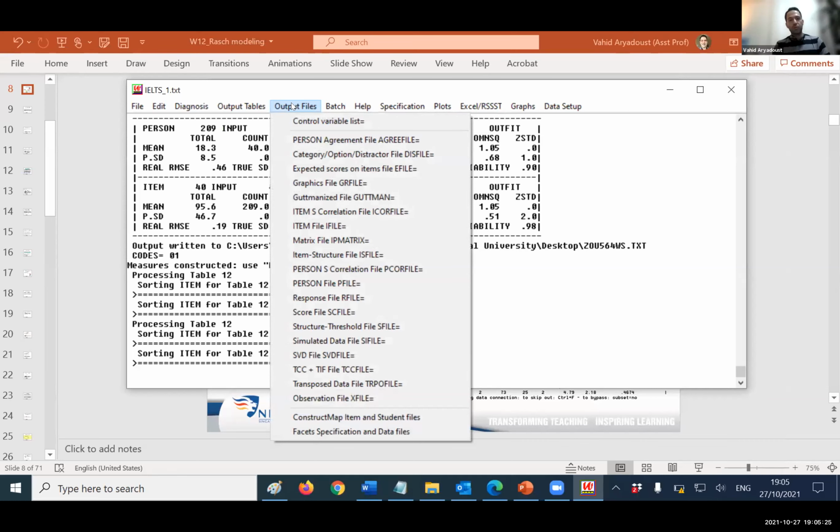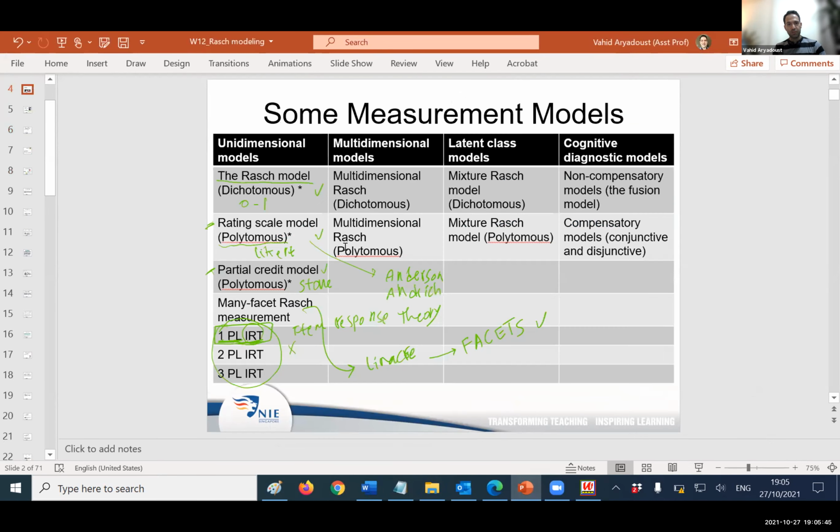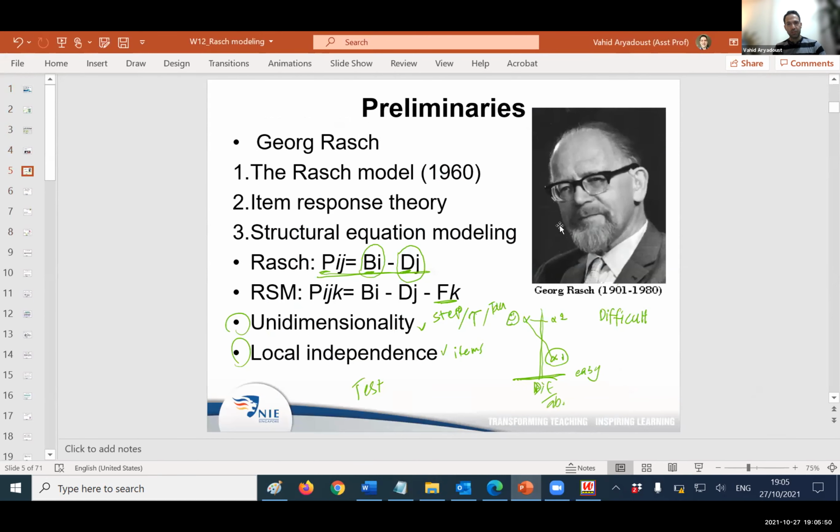And not only that, but Rasch also tells you, based on the probability I've calculated, I expect that this person gives this item a 0 or a 1. So it depends on your ability and the difficulty of the item. Do you remember? This is what I just mentioned. Here, probability difficulty. So they probably are starting to make more sense to you.